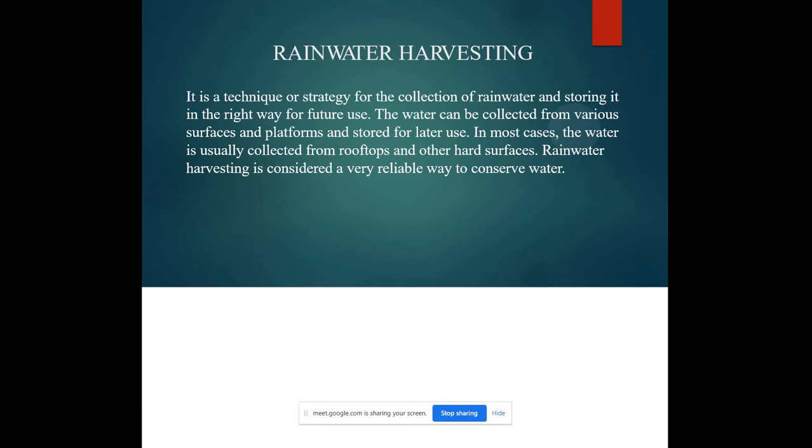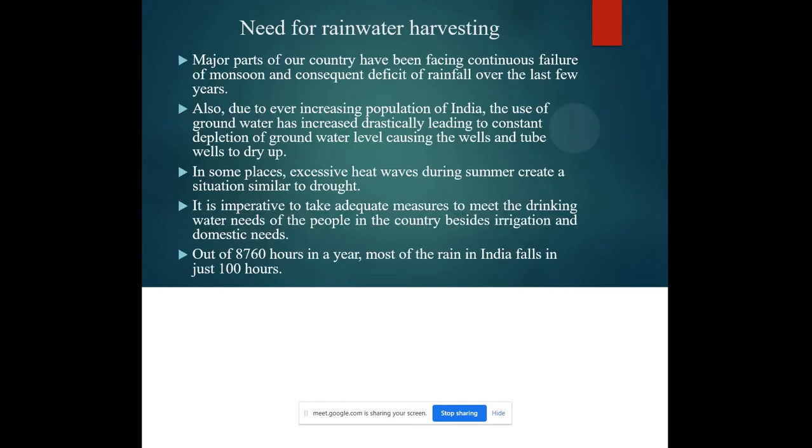The water can be collected from various surfaces and platforms and stored for later use. In most cases, the water is usually collected from rooftops and other hard surfaces. Rainwater harvesting is considered a very reliable way to conserve water.